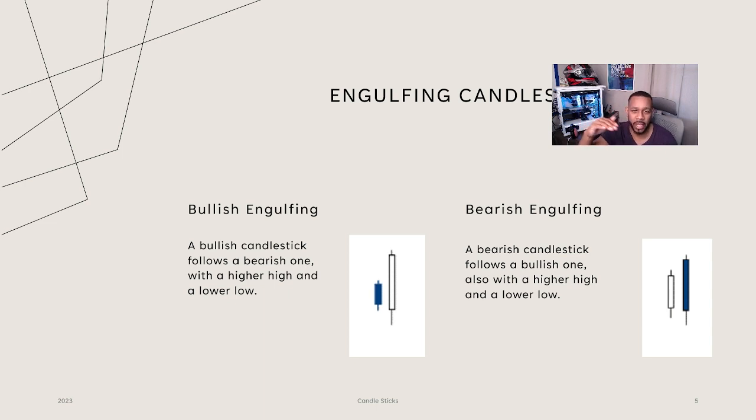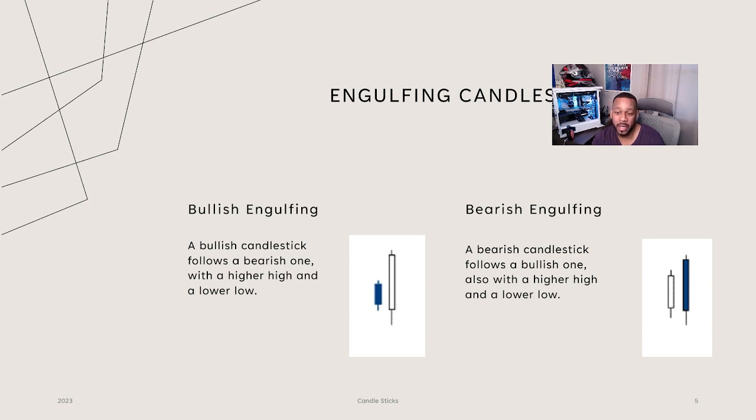The body and everything. Again, your wicks can be super small. At the same time, the candle itself, the price is higher and lower than the previous candle. So the bullish engulfing is coming off of a bearish. Our bearish engulfing is the opposite of the bullish engulfing, whereas the bullish candlestick is smaller than the bearish candlestick on its right.